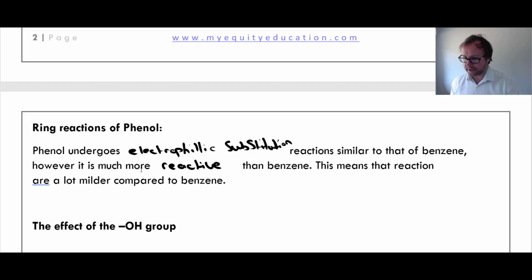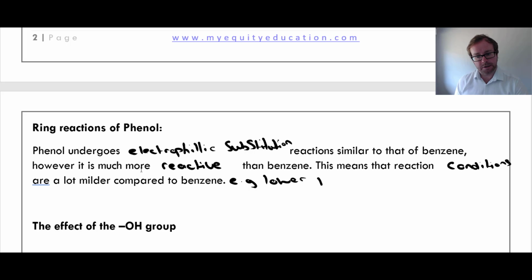This means that reaction conditions are a lot milder compared to benzene, so we can carry out reactions at lower temperatures. If you're unsure about the electrophilic substitution mechanism, I suggest you go back and look at the benzene video that I made before we move on.